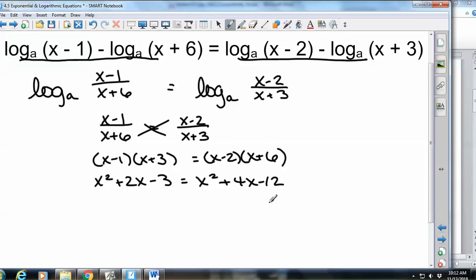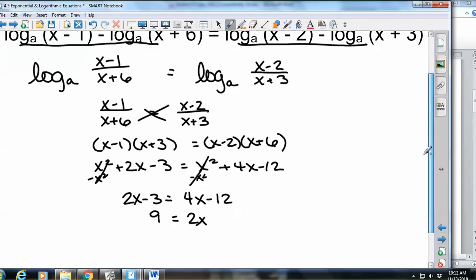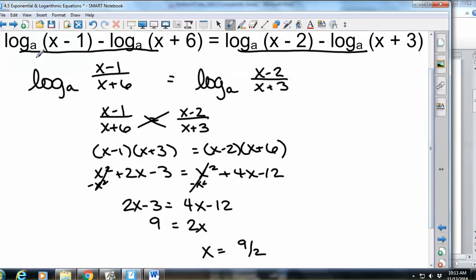Combine that. So if I subtract my x squared, those both just cancel. So I have 2x minus 3 equals 4x minus 12. So I'm going to subtract over my 2x, add over my 12, and x is 9/2, so 4.5. Double check, when you plug 4.5 in, are all four of these things going to be positive? Yeah, so the answer works.